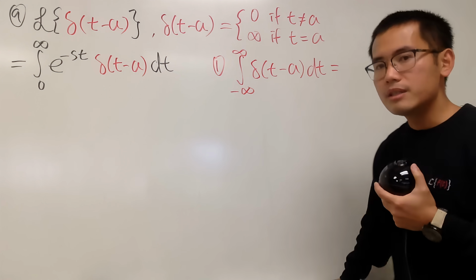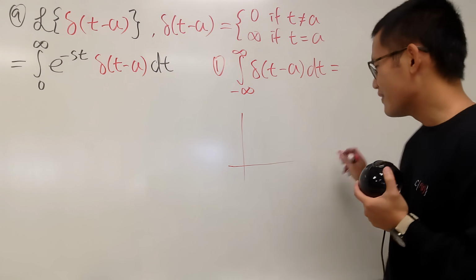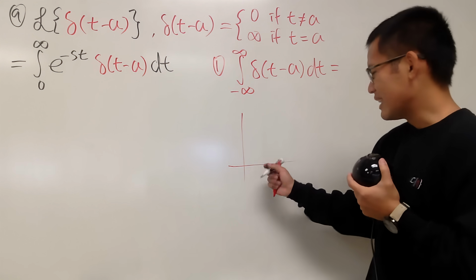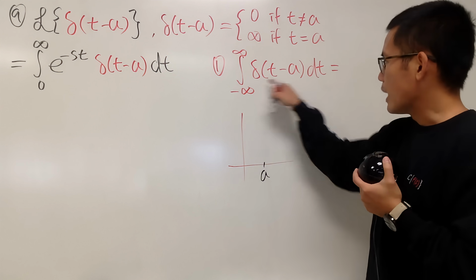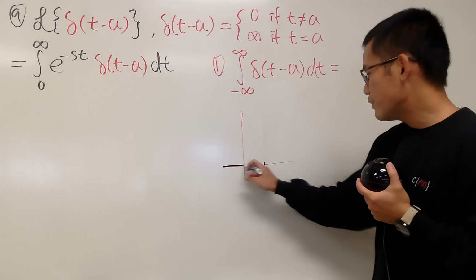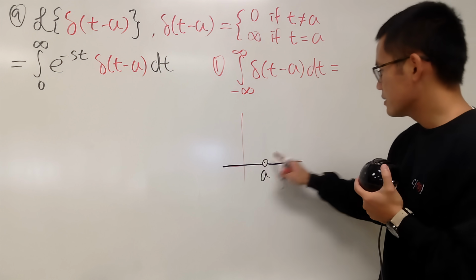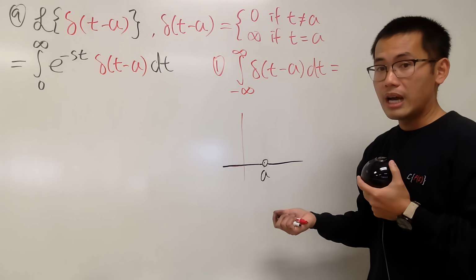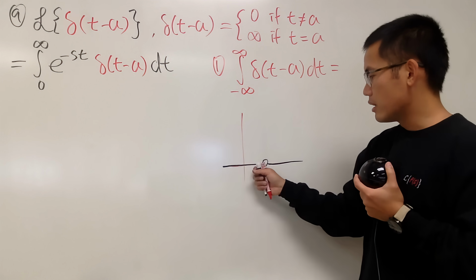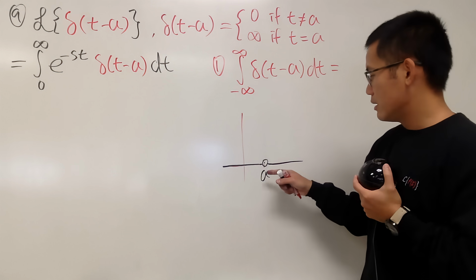What do you think the answer is? You can imagine the graph, but it's not ideal to have a graph. For delta, everything is 0, but at a, it's going to be infinity. And remember, when you have an integral, you're trying to find the area. The area right here is 0. The area right here is 0. What's the area?